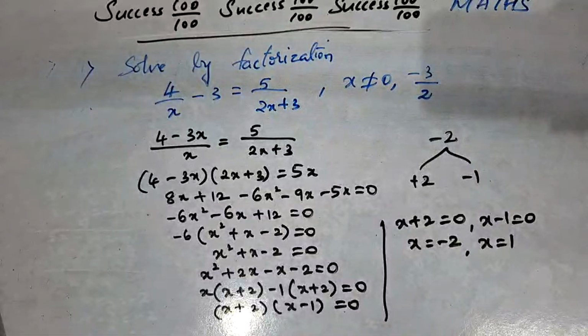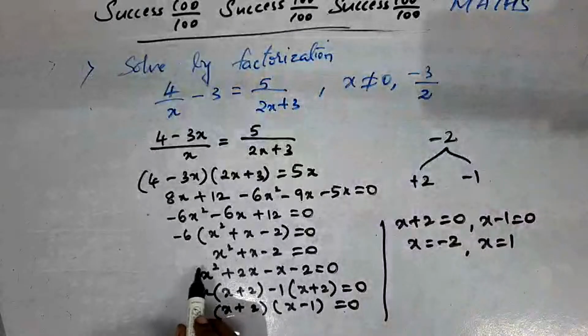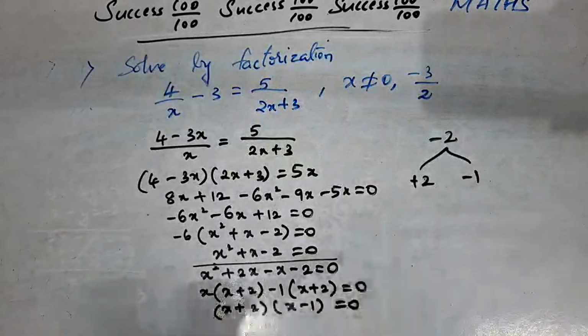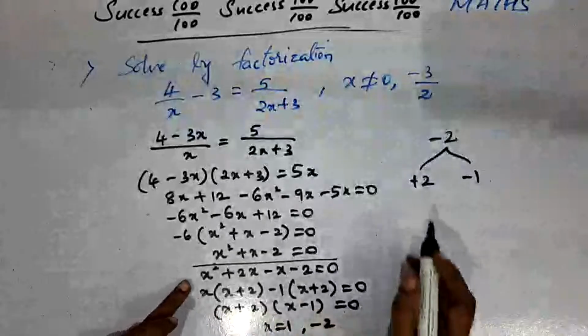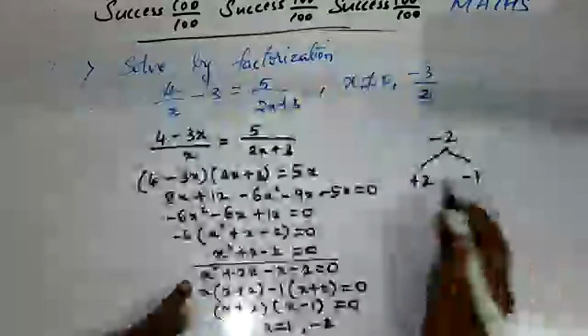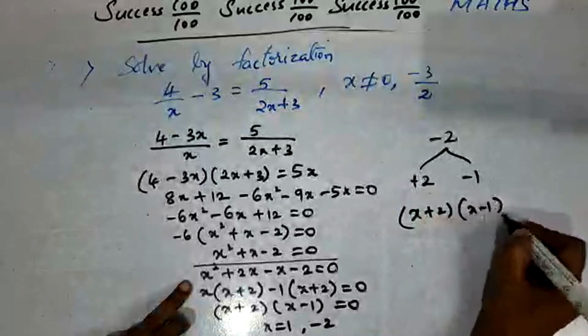There are a few shortcuts. Let me tell you the shortcut in this sum. The shortcut is from this part. So I got the factors 1 and minus 2. From here, you know that the coefficient of x square and the constant are multiplied. So I can write it as x plus 2 into x minus 1 directly.